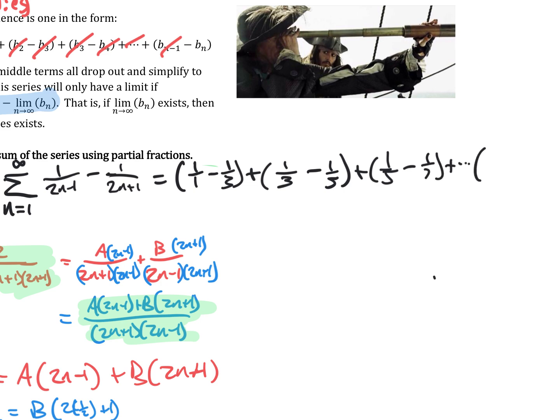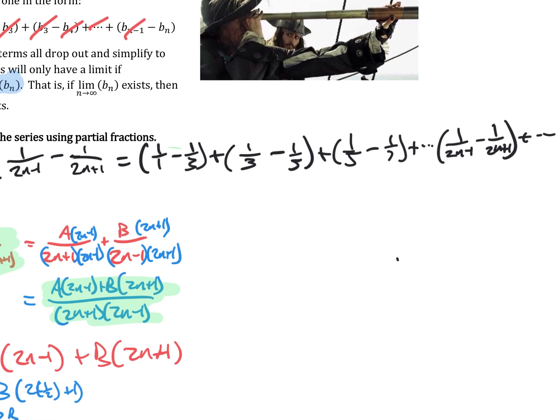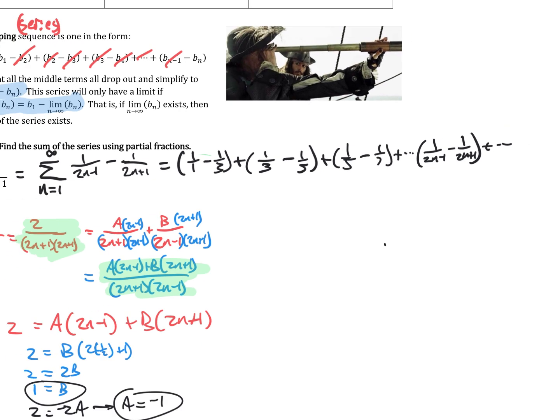And then I'm going to copy this down: 1 over 2n minus 1 minus 1 over 2n plus 1. That is the nth term, and it goes on forever for the actual series. So what's going to happen? The nth partial sum, S sub n, is what's left over when a bunch of this stuff cancels.